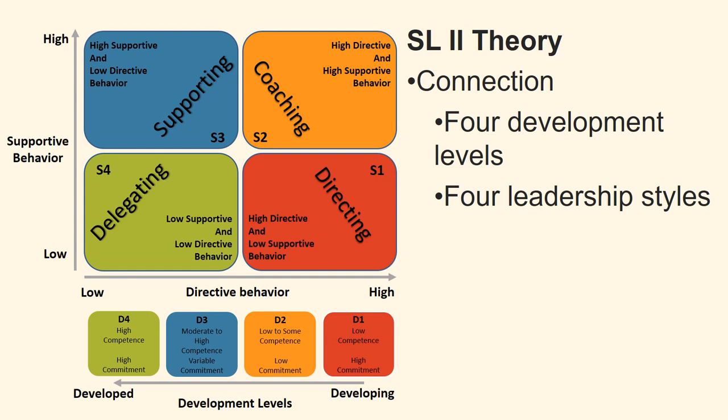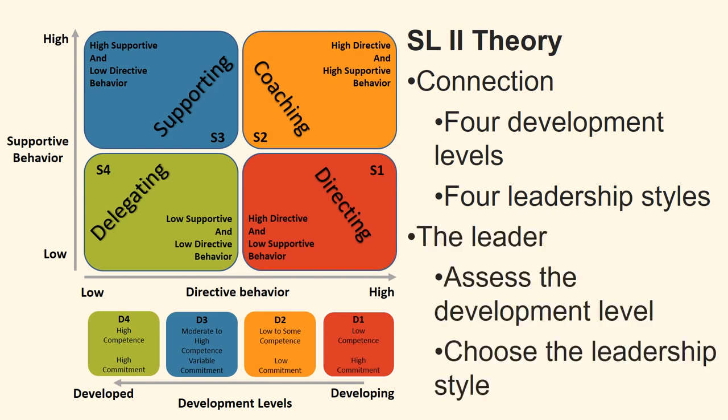We will now review the connection between the 2 approaches, the development levels of the employee, and the 4 leadership styles the leader can choose between. The leader must assess the employee's placement in one of the 4 levels of development, and then choose the leadership style that suits the individual employee.